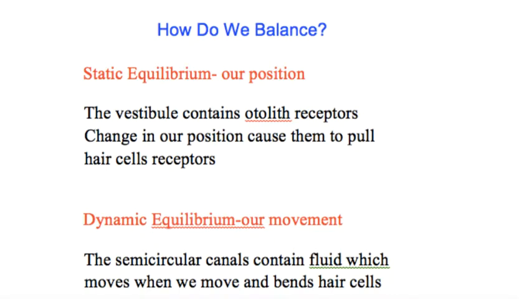And what about balance? So let's talk about static balance first of all. That takes place, as I said before, in the vestibule. And what's happening there is you have hair cells again. And there are little rocks that are attached to them called otoliths. And as we move our position, those rocks pull down on the hair cells, and that sends information down the vestibular nerve.